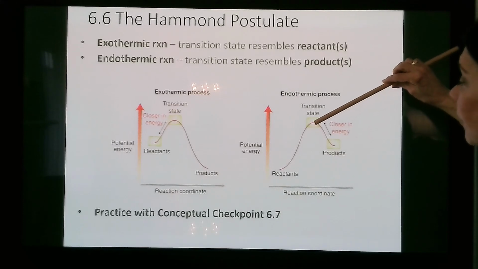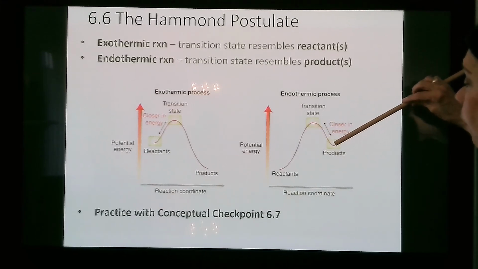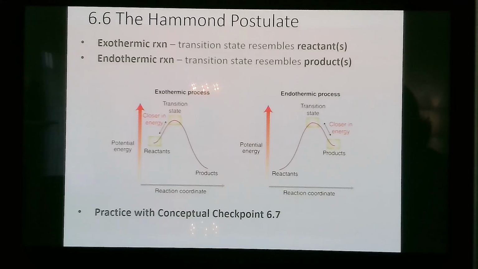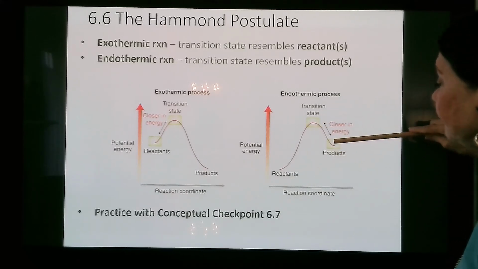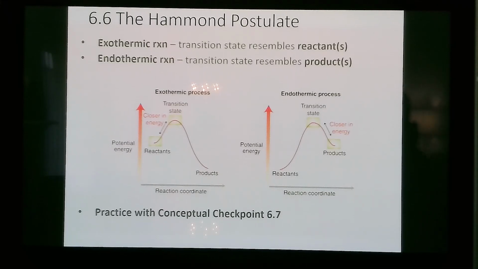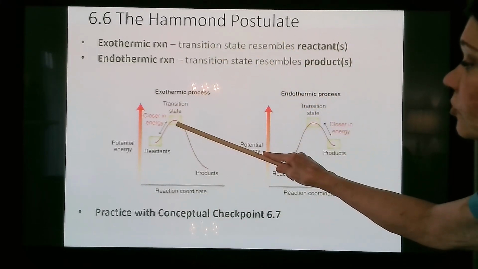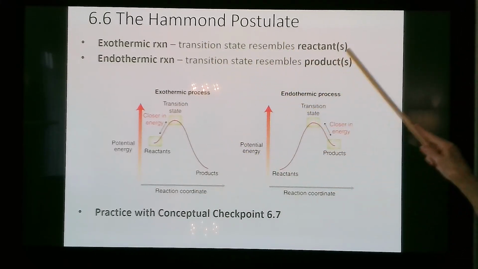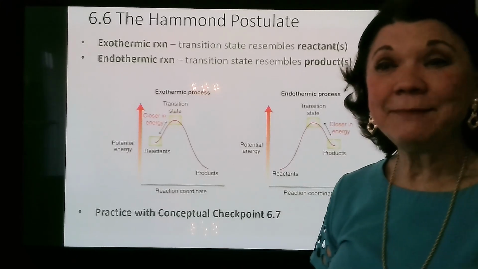And so the points of the transition state structure and the products will be closer in energy, and the structures of these two will be more similar. So the transition state resembles the reactants over here, and the transition state resembles the products over here. I hope that's clear.